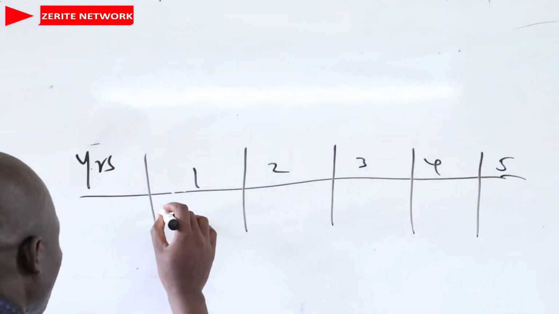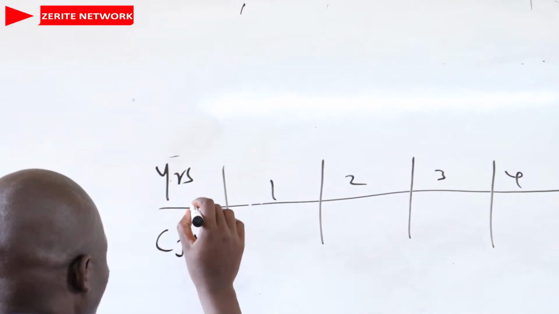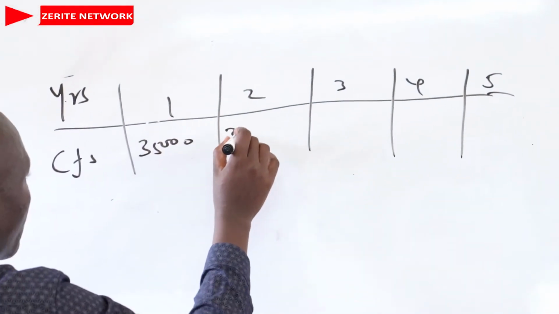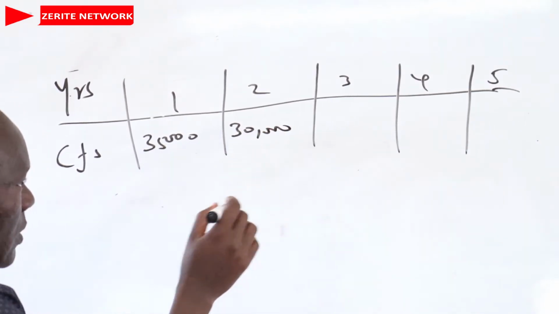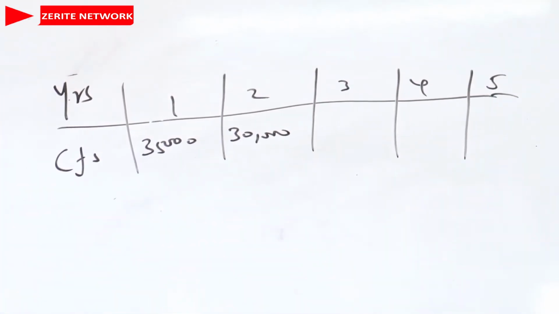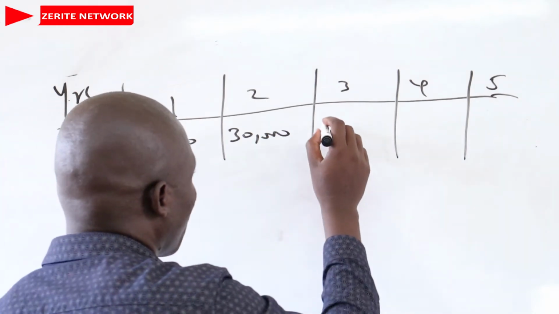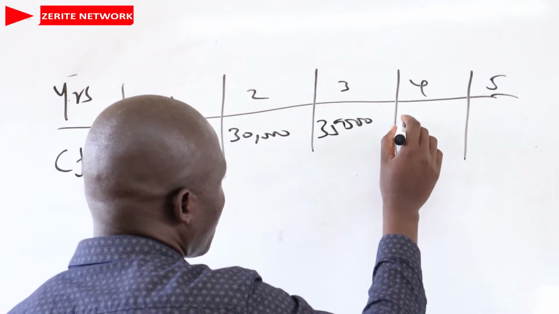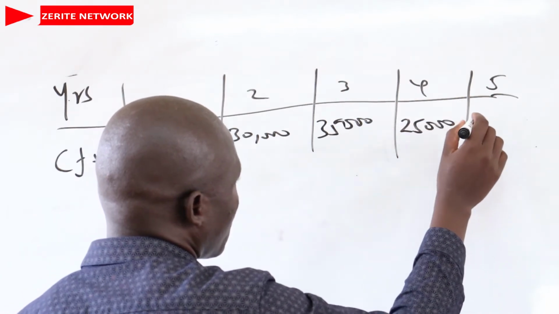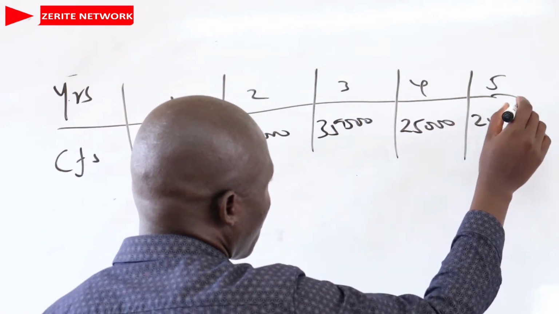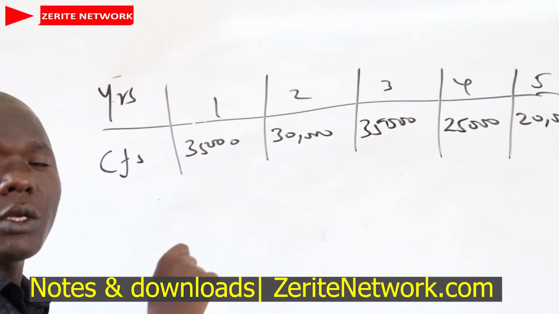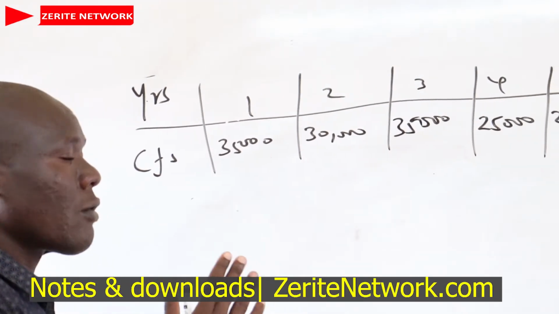The cash flows are 35,000, 30,000, 35,000, 25,000, 20,000.